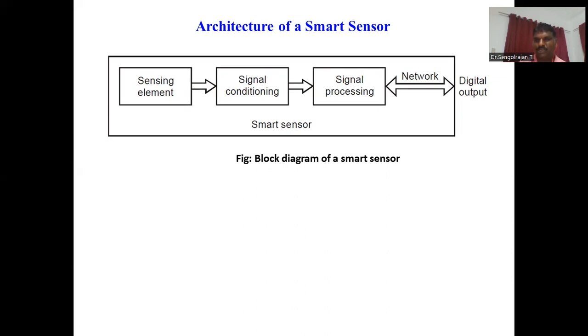The pure signal is then processed, amplified, and communicated to produce a digital output in terms of voltage or current signals. The smart sensor involves sensing, signal conditioning, signal processing, and network communications. All these four processes are combined in a single unit that is called the smart sensor.